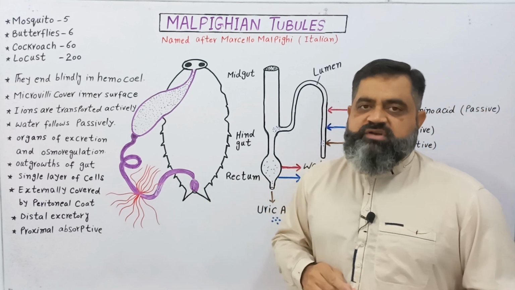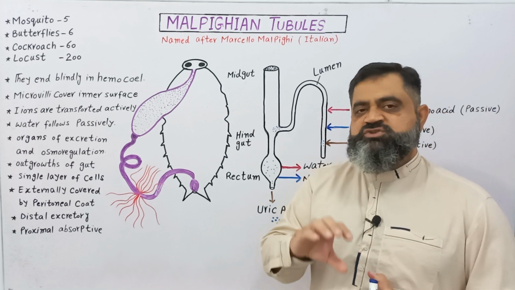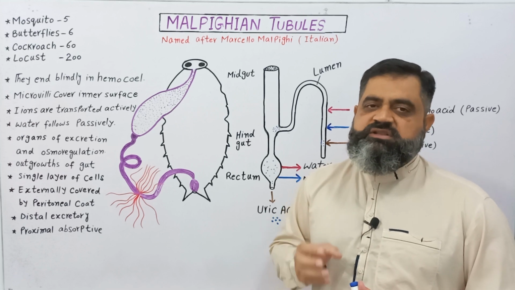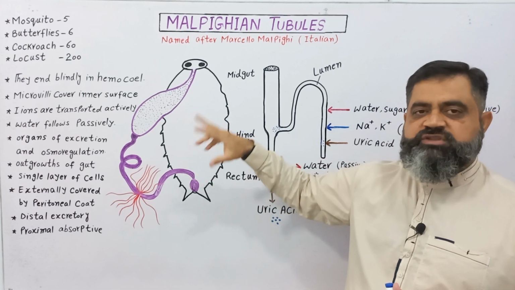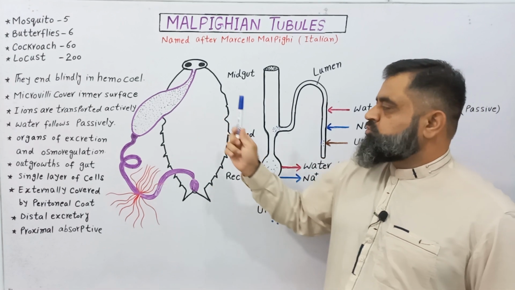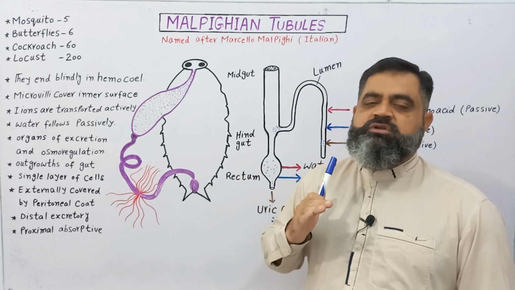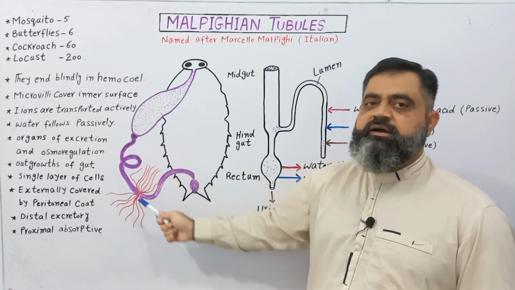These parts have different functions because their excretory system is attached with the digestive system, which is known as the gut. That is why we are going to make a diagram of the digestive system. So the digestive system of the cockroach is divided into three parts: foregut, midgut and hindgut.